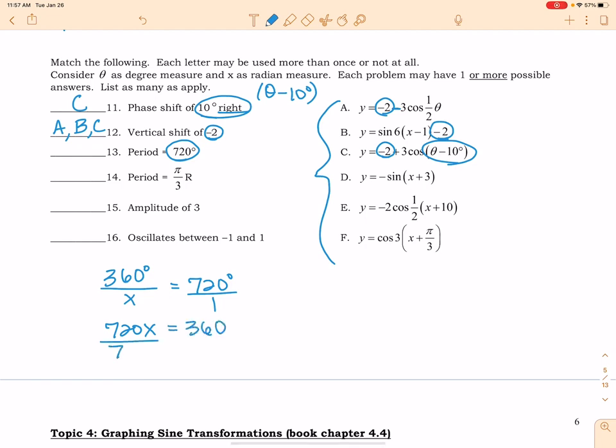And then when I divide by 720, I get that x reduces to 1/2. So I'm looking for an equation in which I have a 1/2 directly following the sine or cosine. And it has to be in degrees.